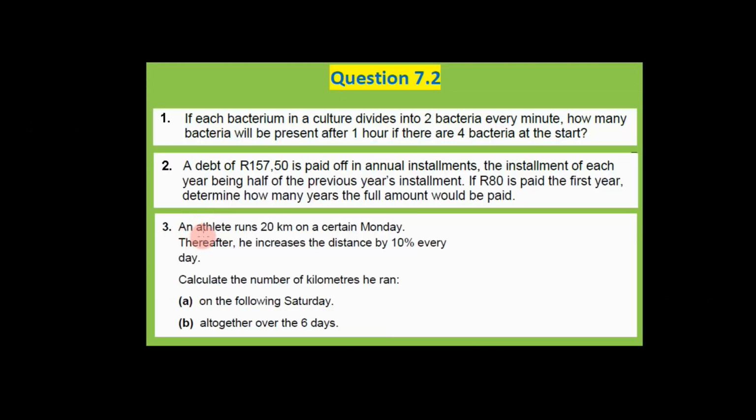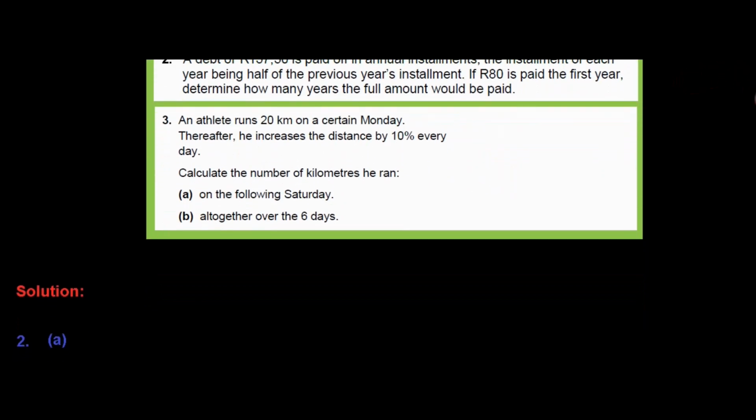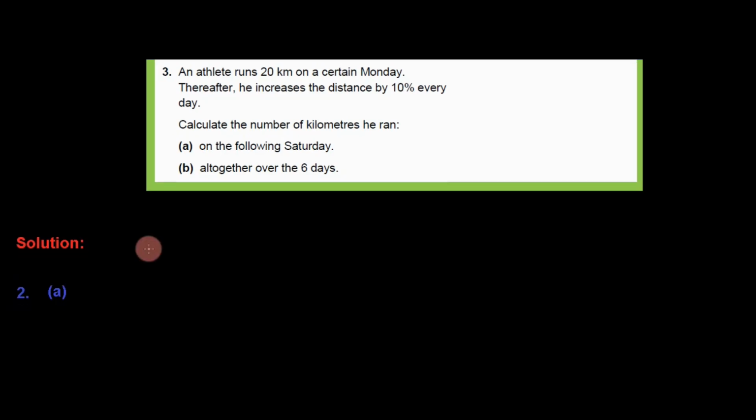In number 3 it says, an athlete runs 20 kilometers on a certain Monday. Thereafter, he increases the distance by 10% every day. Calculate the number of kilometers he ran on the following Saturday. So it starts off by running 20 kilometers.